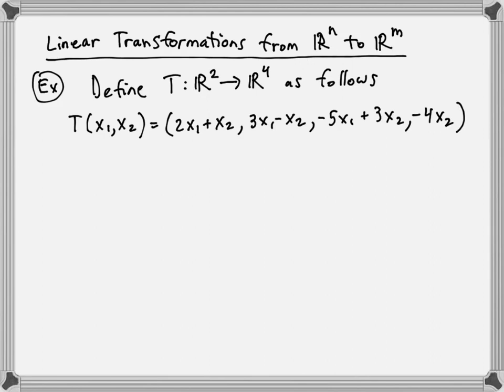I'm hoping you guys all see that we took something in R2 and the answer clearly lies in R4, right? Because we've got a four-dimensional vector. So a two-dimensional vector to a four-dimensional vector.